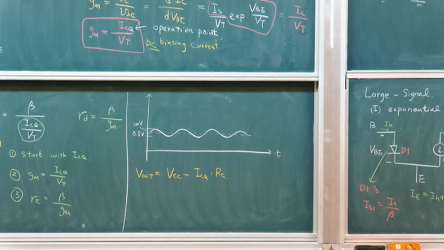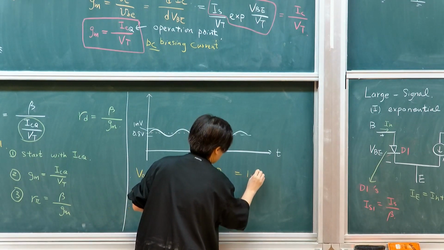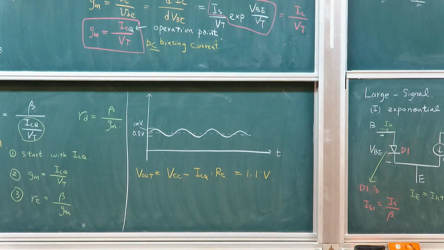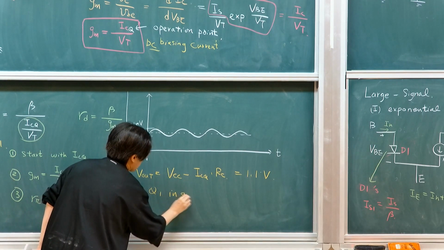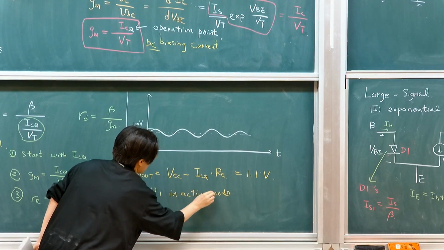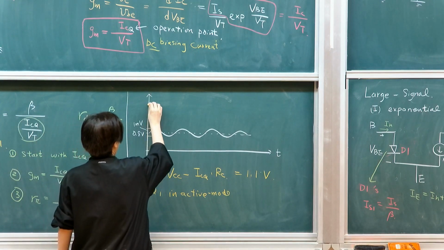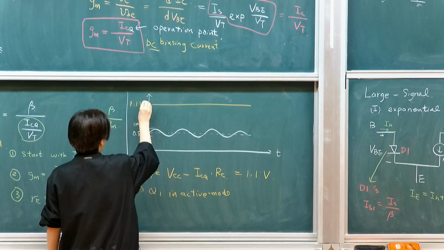We already know our ICQ, so we should simply insert that, and it will be 1.1 volt. This will also verify that Q1 is in active mode. Right? So once we know that it's actually biasing at a high level, this will be centered at about 1.1 volts.